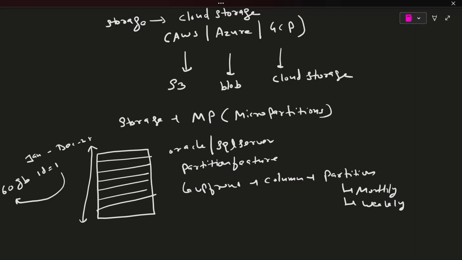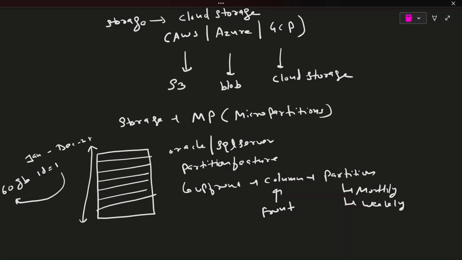So first we have to decide the column upfront, on which column I need to create a partition on this table, and then define the partition strategy, whether it will be monthly or weekly as per your application. So let's say now it's monthly.